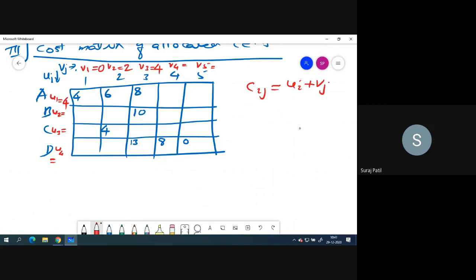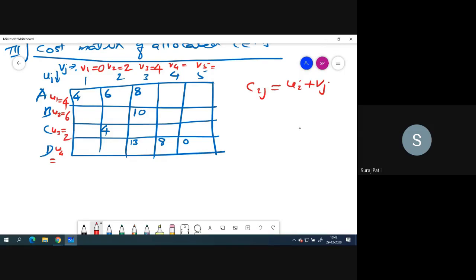Now I know V3, I can calculate U2. How? U2 plus V3 is equal to 10. But V3 is 4, so 10 minus 4, it is 6. Then I can calculate U3. U3 plus V2 is equal to 4, but V2 is 2, so 4 minus 2, it is 2. Then I'll calculate U4 because we know V3.